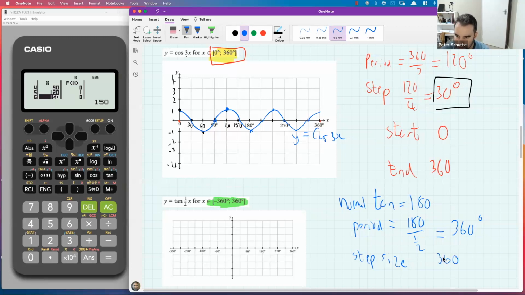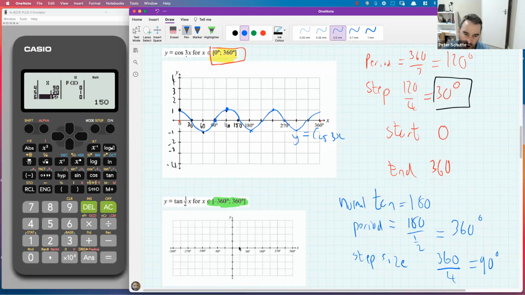I think it's nice, you could divide it by 2 and that would give you the halves of the tan graph. But I quite like having a few more points. So you could divide it by 2 and get the step size, or you could divide it by 4, and then your step size would be 90. Both of those would be correct.